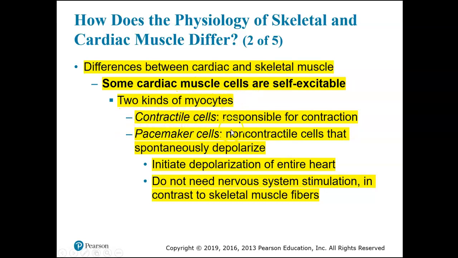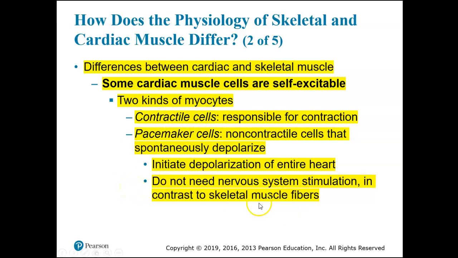There are contractile cells, which are responsible for contraction, and then pacemaker cells, which spontaneously depolarize and initiate the depolarization of the entire heart. Because they're pacemaker cells, they don't need nervous system stimulation. So they just spontaneously depolarize on their own.